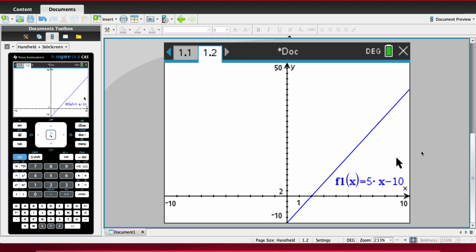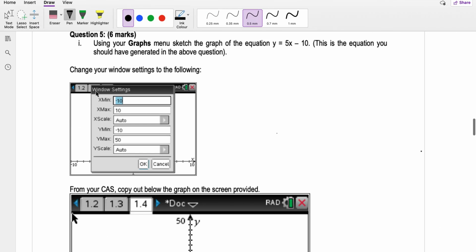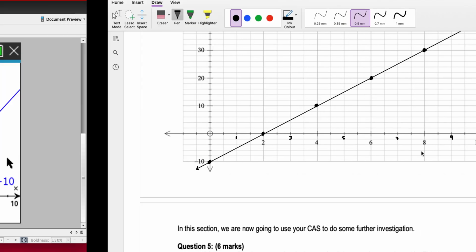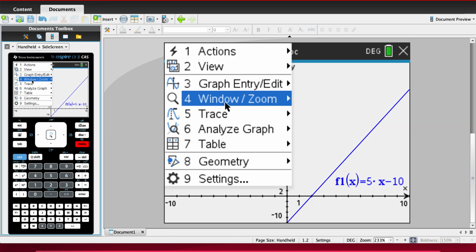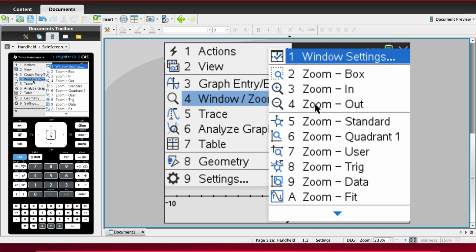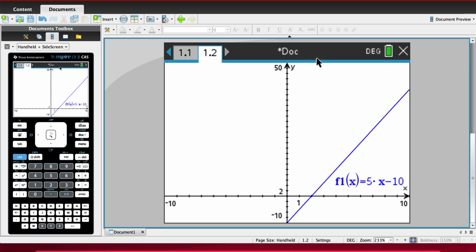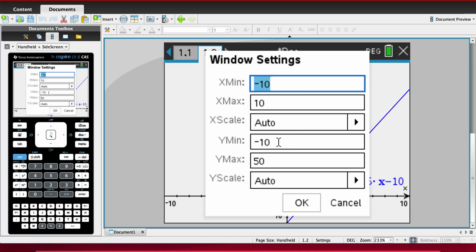And if you check this graph, it looks very similar to what we graphed before. It doesn't look that perfect, so I'm going to make the window a little bit bigger so we can see the y-intercept. Windows settings, I want my negative, this one I'm going to do negative 50.